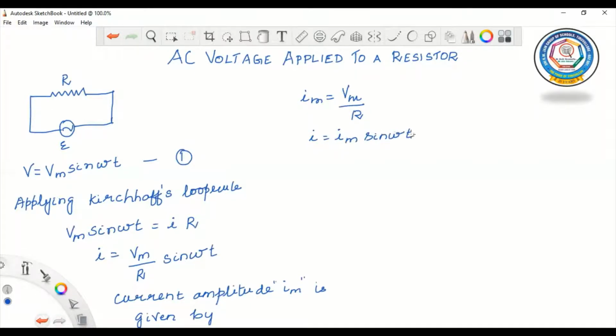Okay. So this is very important, children. So this is our equation number 2.